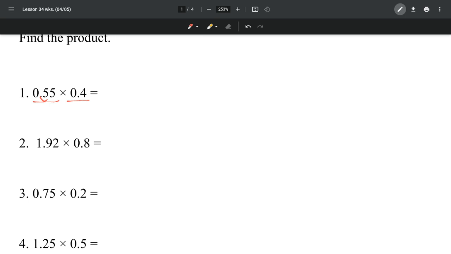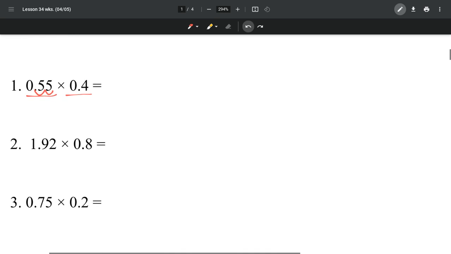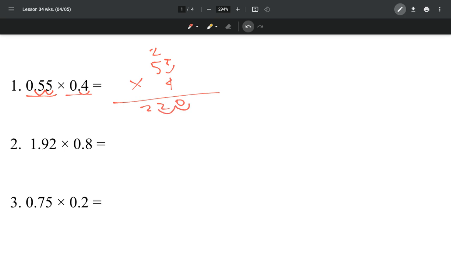For 0.55, we're going to move the decimal point 2 times to the right, and for 0.4 we're going to move it 1 time to the right, and so we have 55 times 4, which is 220. Because we moved the decimal point 3 times to the right, we're going to move it 3 times to the left, so our answer is 0.22.